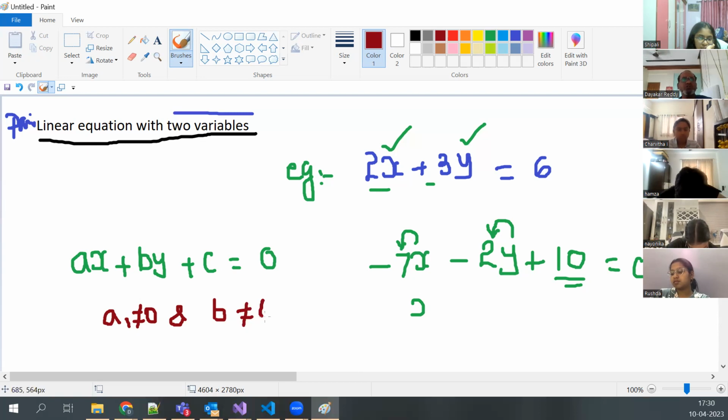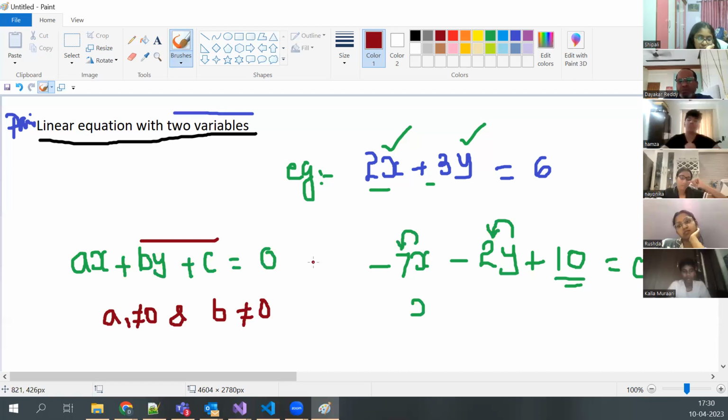If either one is equal to 0, then it is not a linear equation with two variables. Let's say a is 0, then what do you have? by plus c equal to 0, which is a linear equation with one variable. Is it clear? Yes or no? a and b should not be equal to 0.